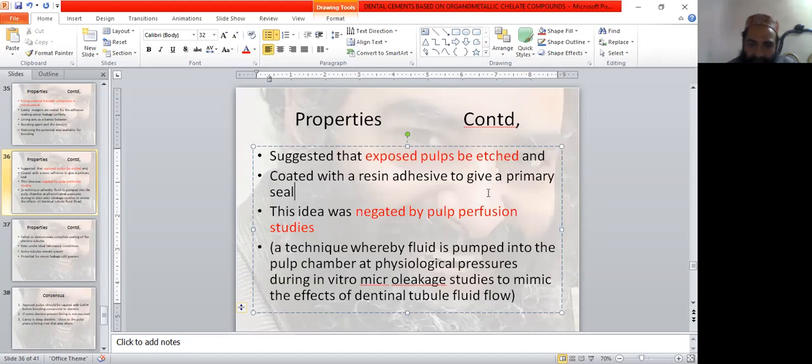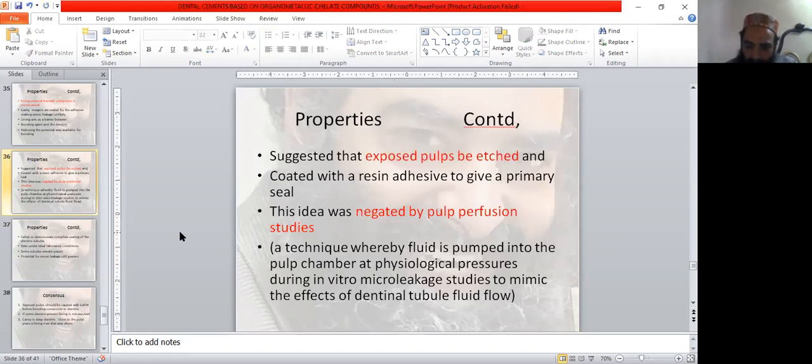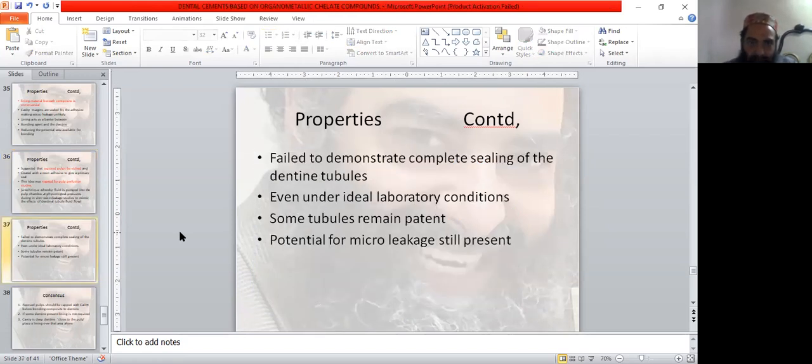This idea was negated by the pulp perfusion study, a technique whereby fluid is pumped into the pulp chamber at physiological pressures during in vitro microleakage studies to mimic the effects of dentinal tubule fluid flow, and it failed to demonstrate complete sealing of the dentinal tubules, even under ideal laboratory conditions.